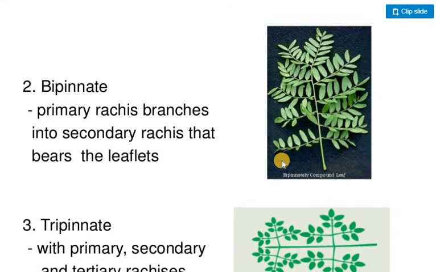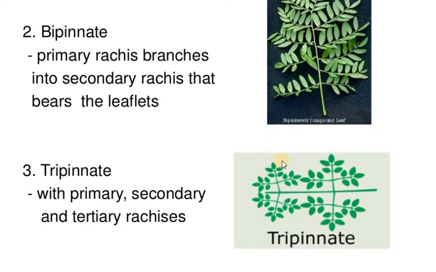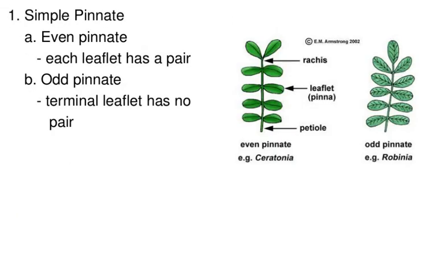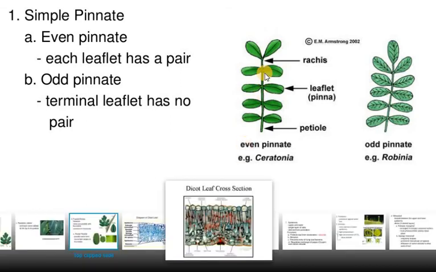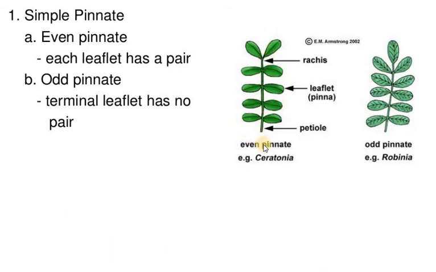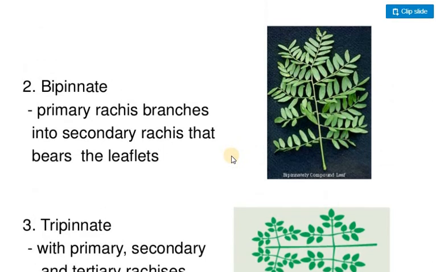And there is another condition called bipinnate. So the first one we discussed was simple pinnate. Simple pinnate means there is only one rachis and it produces leaflets on the sides, and simple pinnate are of two types, even pinnate and odd pinnate. And the next one is called bipinnate.